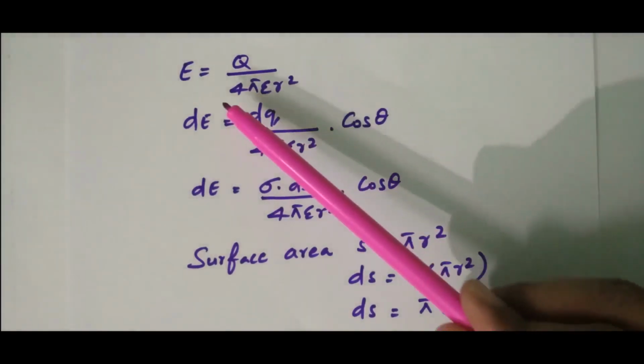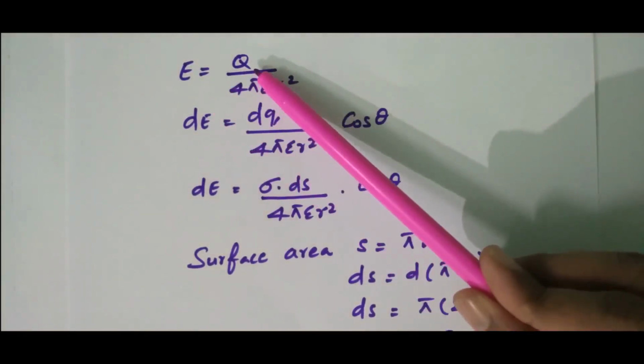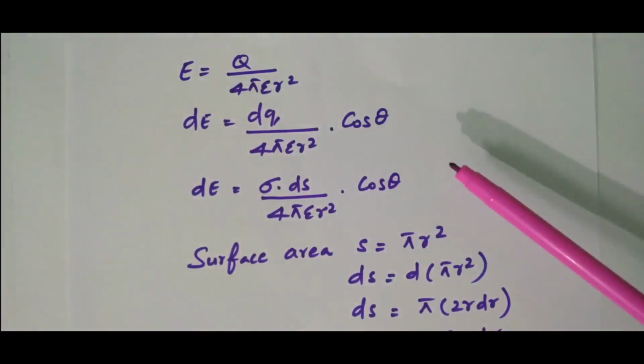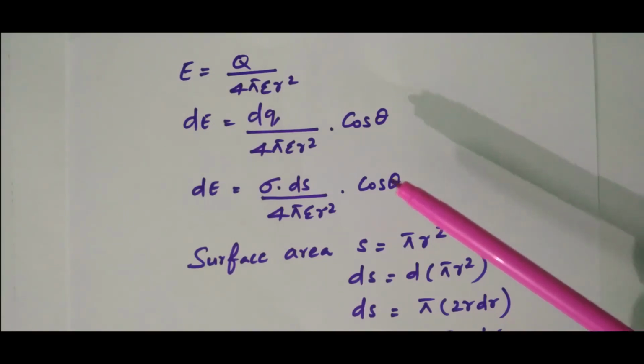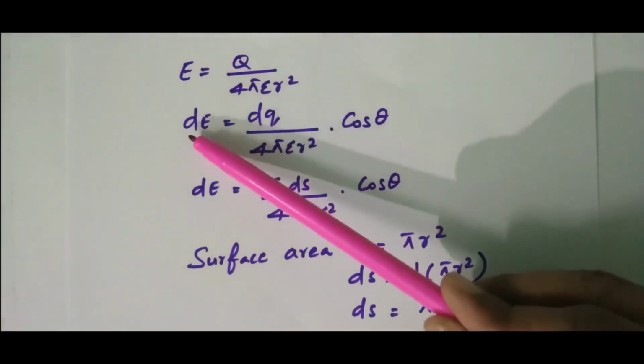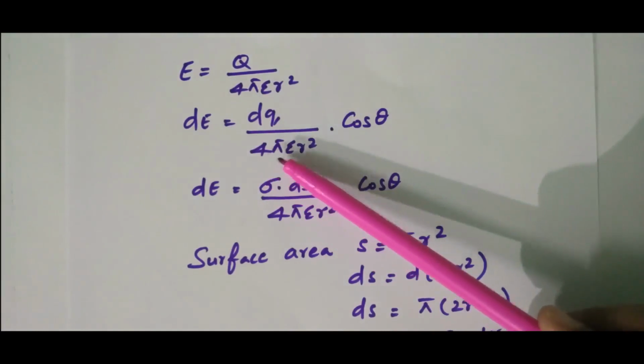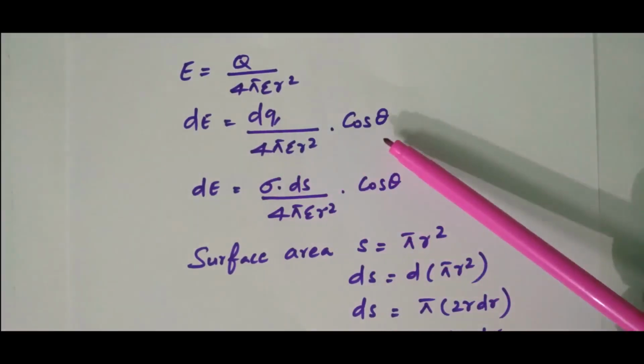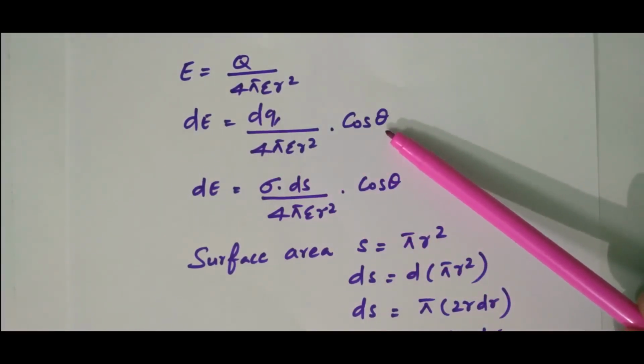Now we'll start with the electric field intensity. General formula: Q divided by 4 pi epsilon r square. Electric field intensity E equals Q divided by 4 pi epsilon r square. We consider only a small charge, so dE equals dQ divided by 4 pi epsilon r square. Only the horizontal component is available, so it is multiplied by cos theta, right?